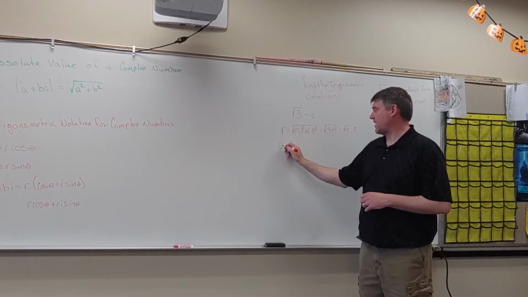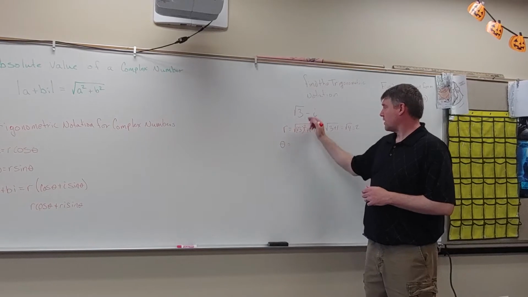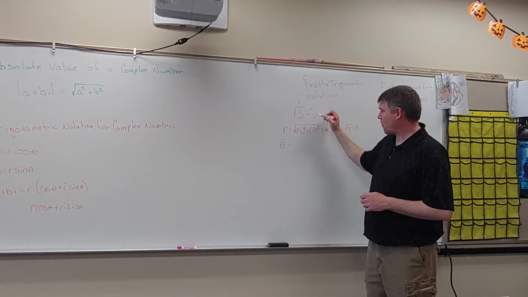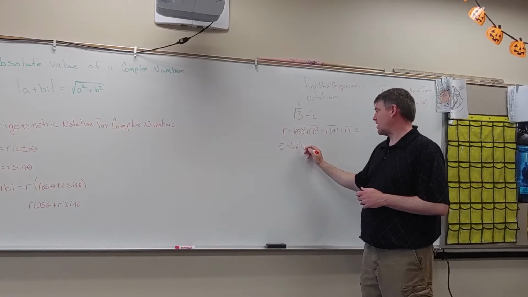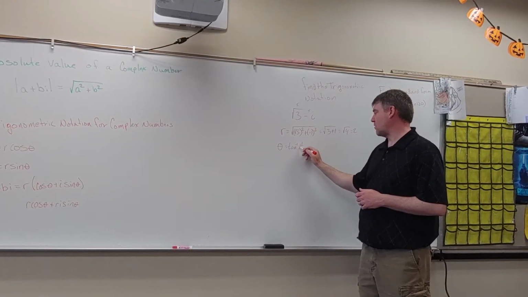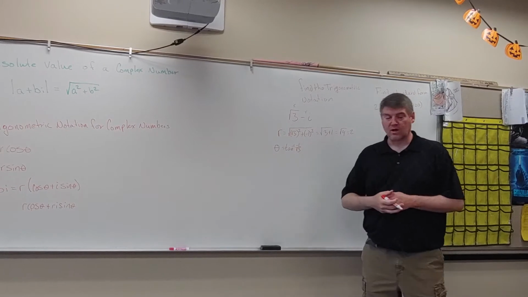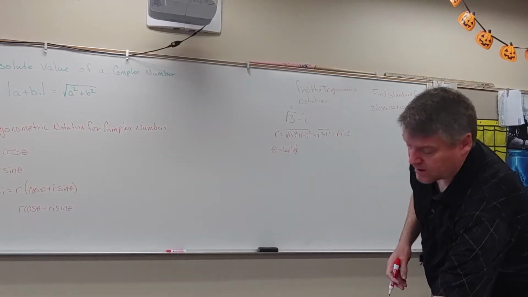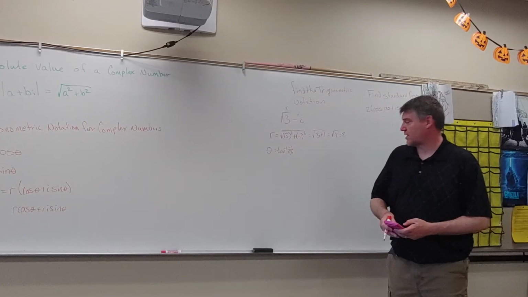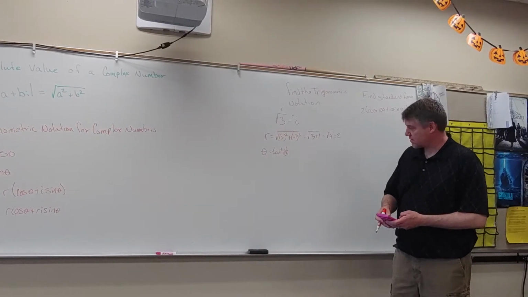So I'm going to find theta. Here's my x, here's my y. So this becomes tangent inverse of -1 over root 3. So hopefully you have your radian conversion chart with you. I do not, so I'm going to have to plug that in.